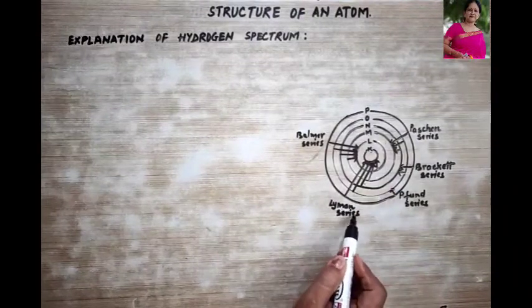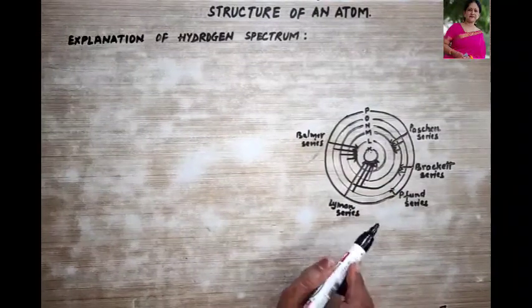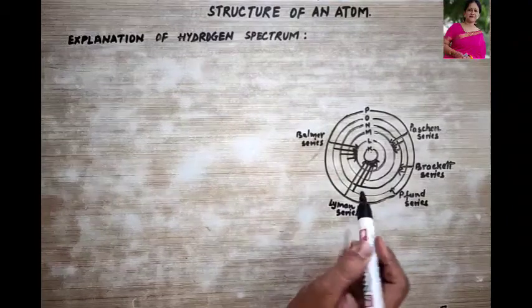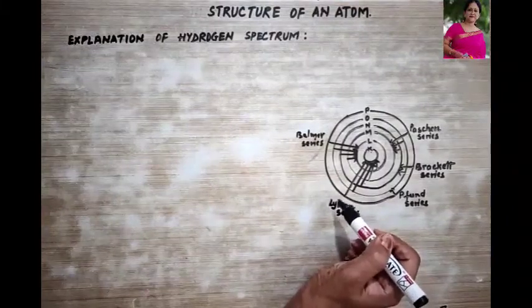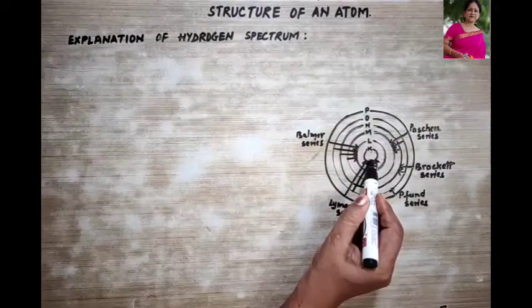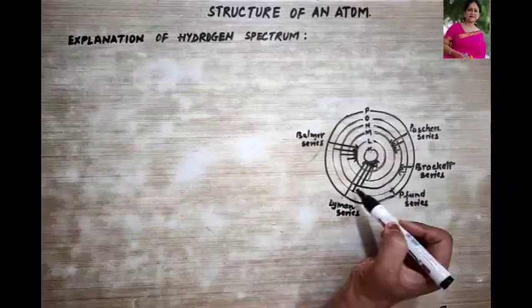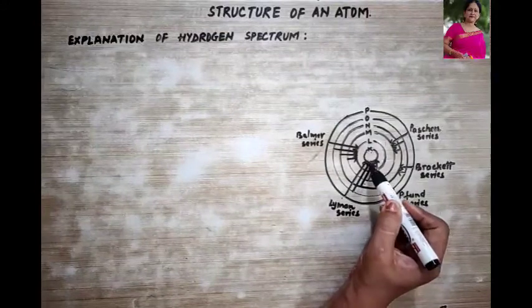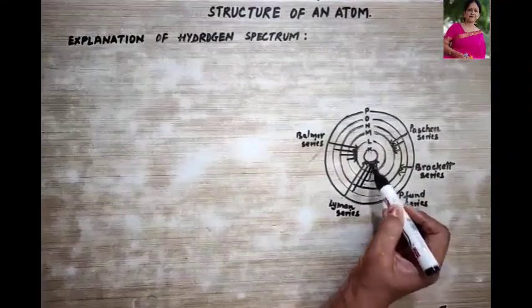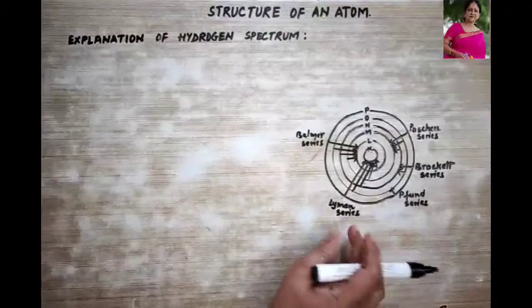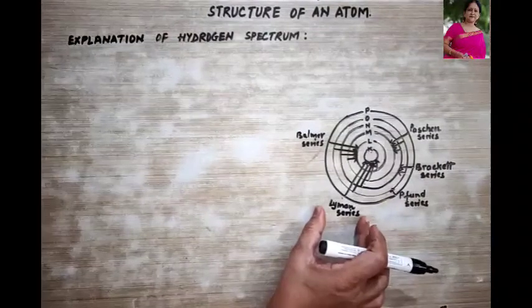So the Lyman series, when is this formed? It is formed when the electron returns to the lowest energy state. Okay, see, from here to here it will move, or from any of these energy states to the lowest energy state, then it is forming a Lyman series.